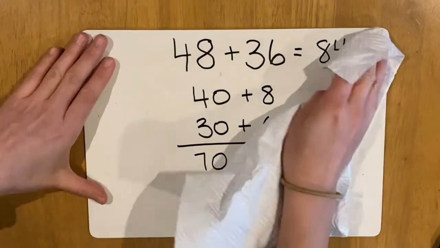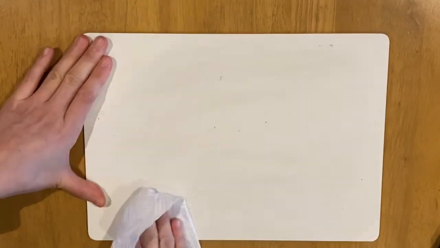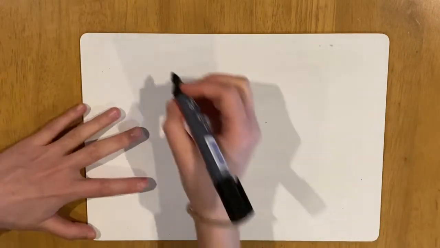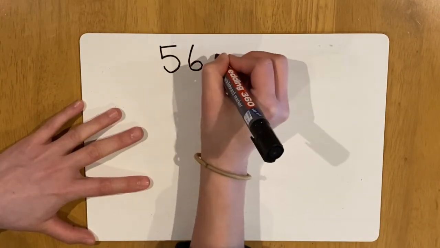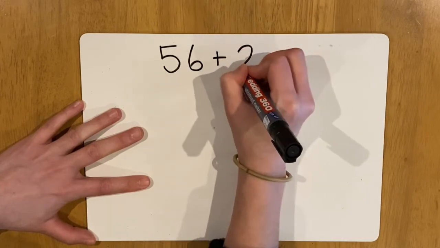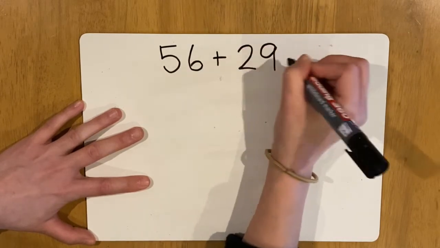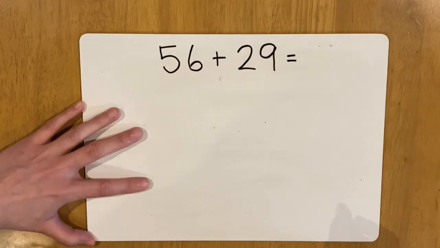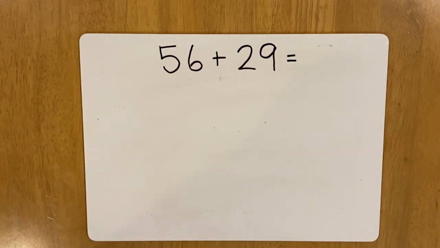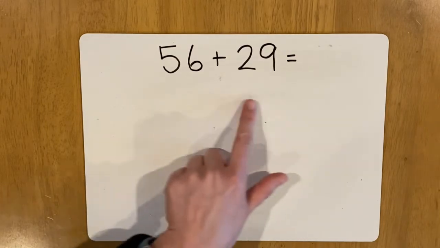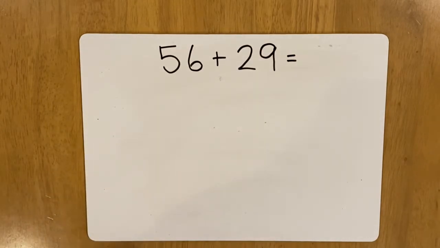Last question. 56 add 29. Okay, this time I'm not going to lay it out for you. I want to see if you can lay out the partition method on your own.